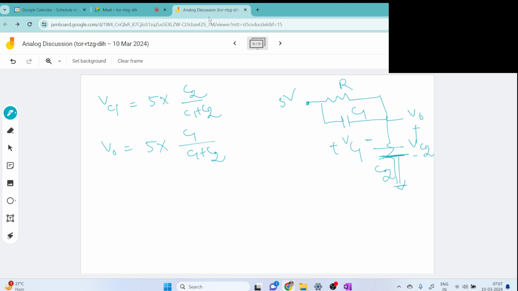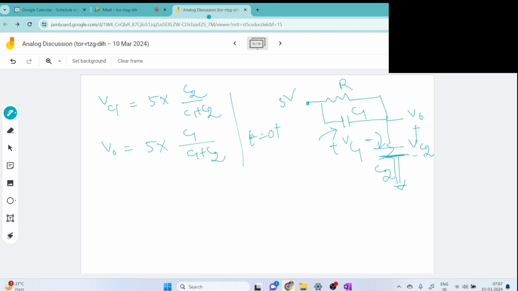After this happens at t equals 0 plus, the capacitive impedance is going to increase, right? So now the question is, will the charging be exponential, linear, or instant?